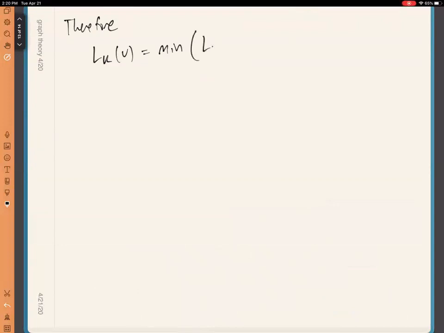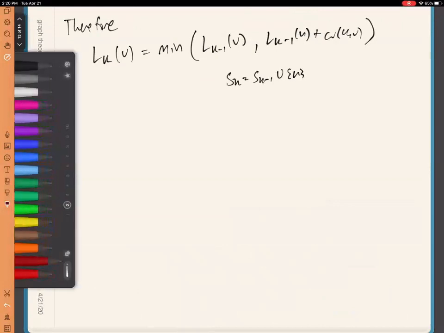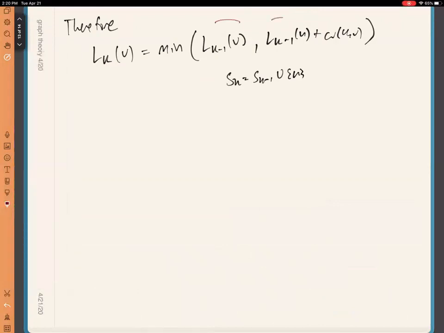So it's either, in the first case, just L_{K-1}(V), or it's L_{K-1}(U), where U is what was added, so S_K is S_{K-1} union U, plus the weight from U to V. And in particular, these two things are functions of K-1, so these are already known. And so this is why the algorithm will be efficient. We update it based on already known stored information, and we only have to do a handful of calculations.